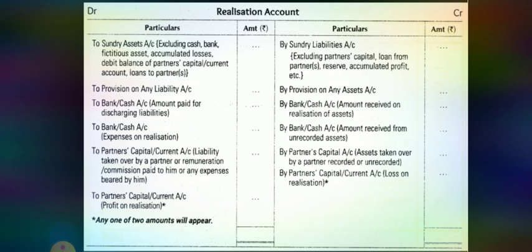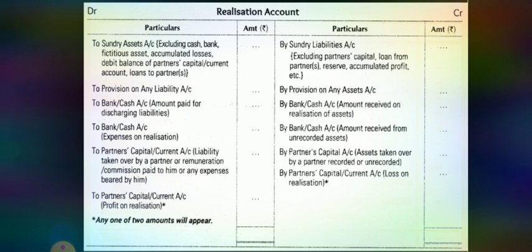If any provision is given in your balance sheet, that would be transferred to the debit side if it is related to any liabilities. Credit side, by provision on any assets account.